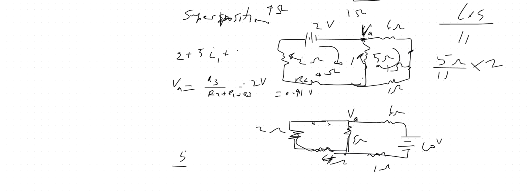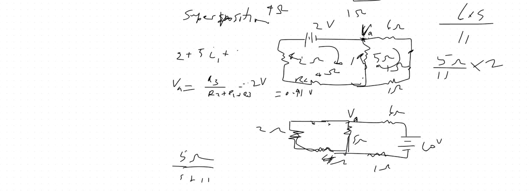Over this piece here. We don't have to consider everything. You could just consider this piece where the source is, right? Because the voltage across all this is going to be the same anyway. So it's going to be 5 over 5 plus 1 plus 6, and multiply that by 60.